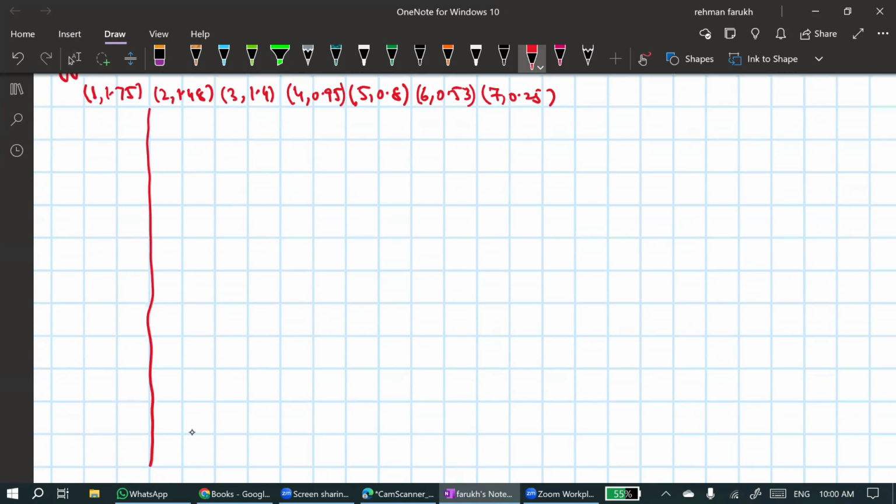We don't need negative values. On the x-axis: 1, 2, 3, 4, 5, 6, and 7.